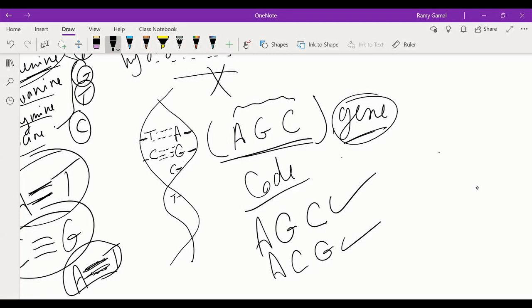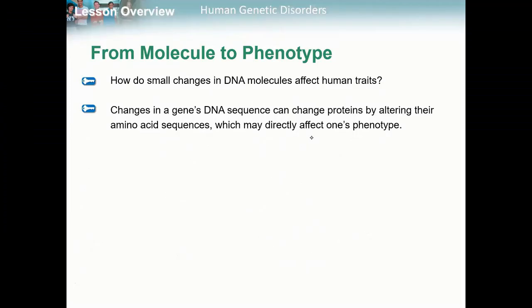I hope you got the idea before we start the details. Any change in the gene sequence or nucleotides may cause disease, like mutation, or will appear in the phenotype. Phenotype means on the person.